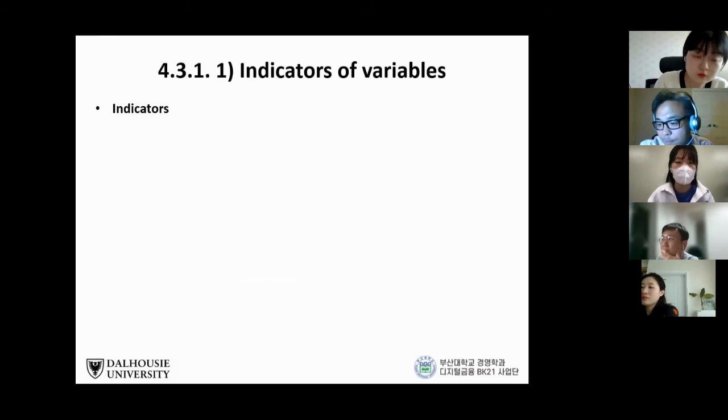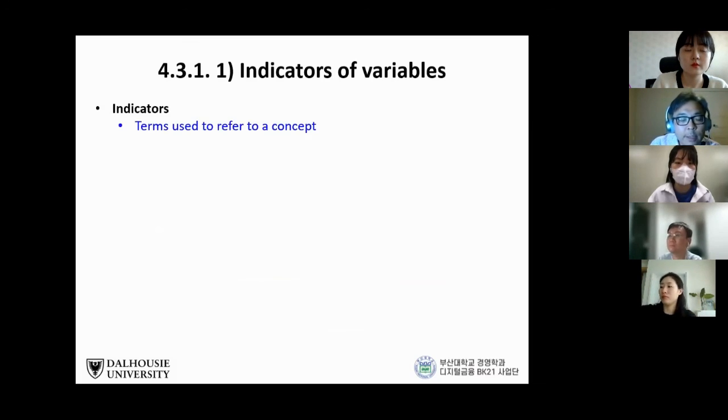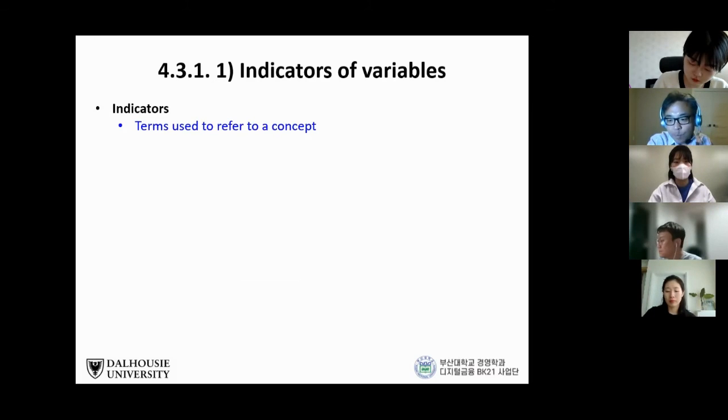Indicators. So indicators are terms used to refer to concepts. Indicators are usually used interchangeably with survey items.